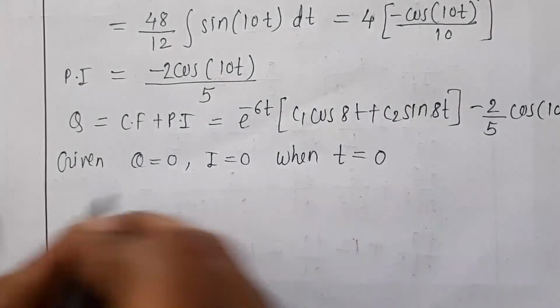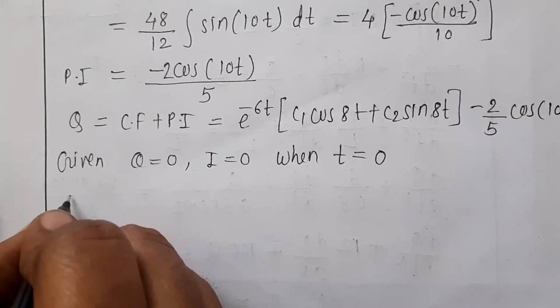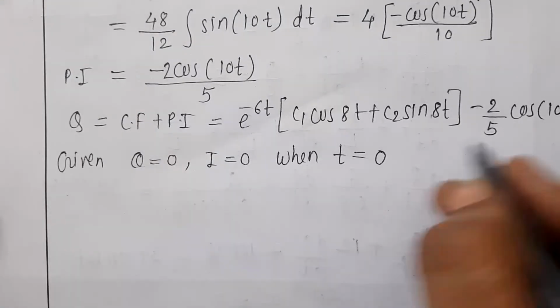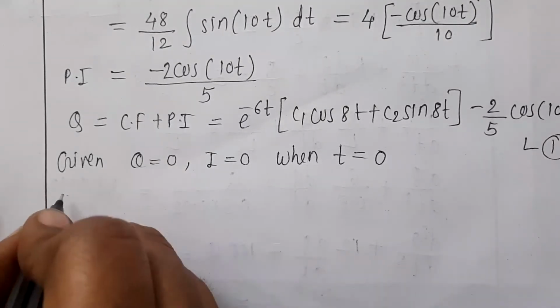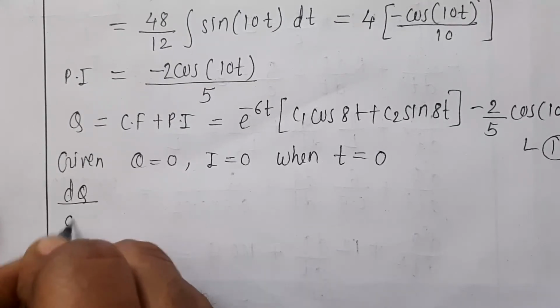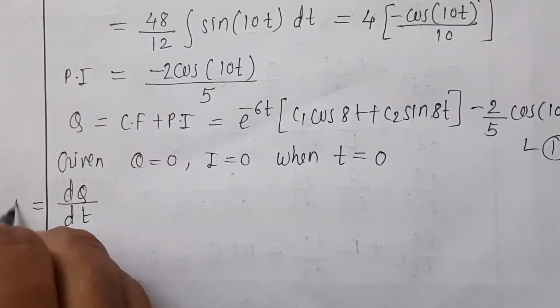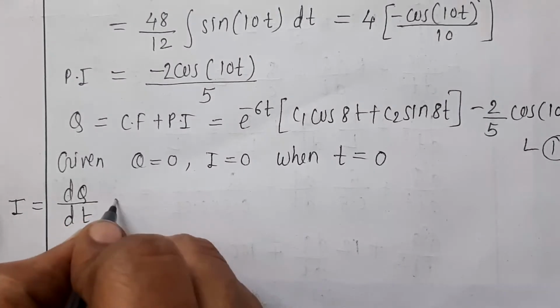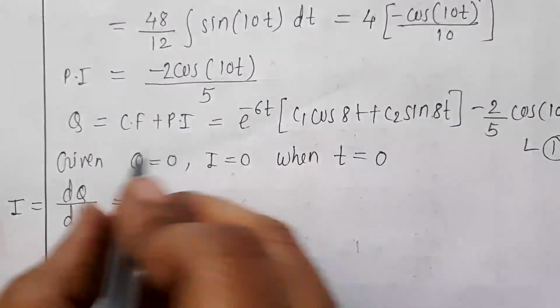So we find di by dt, or rather dq by dt. Differentiate this equation number 1 with respect to t. dq by dt is nothing but I. So it is equal to e to the power minus 6t times a derivative.